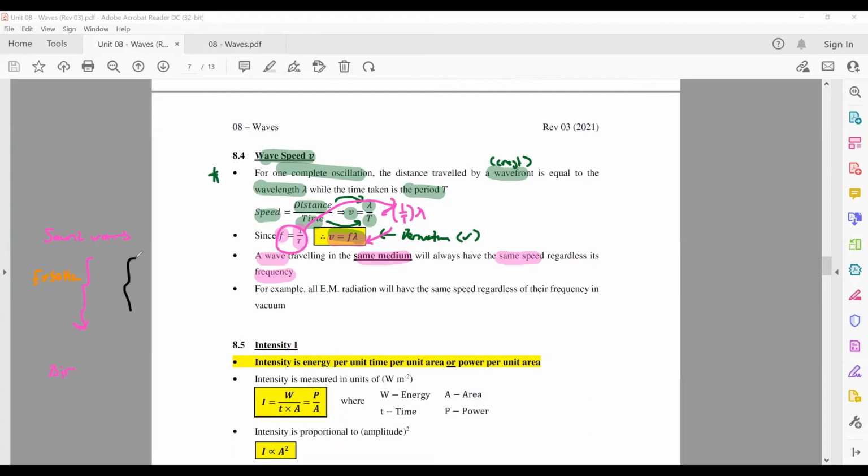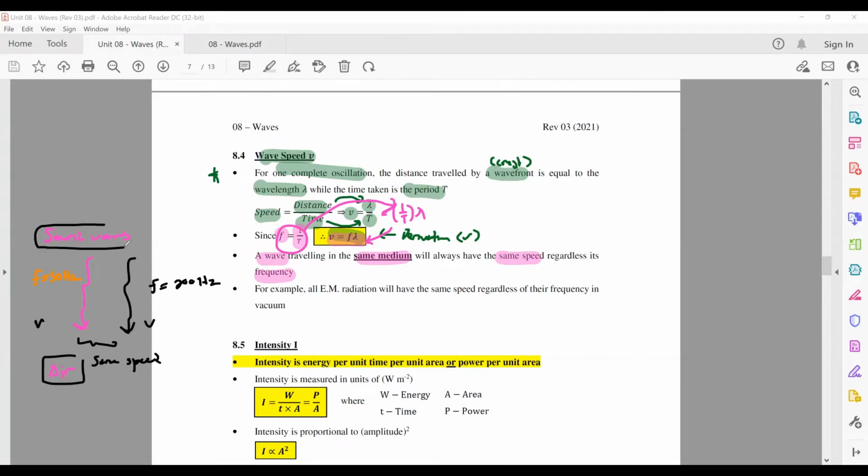And then another sound wave could have a frequency of say 200 hertz. But because they're traveling inside the same medium, the speed is the same. Both would have the same speed.